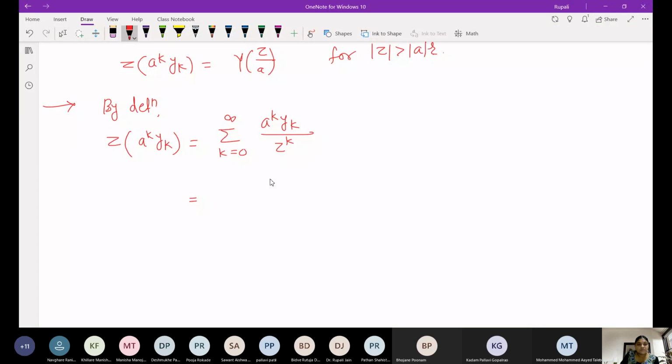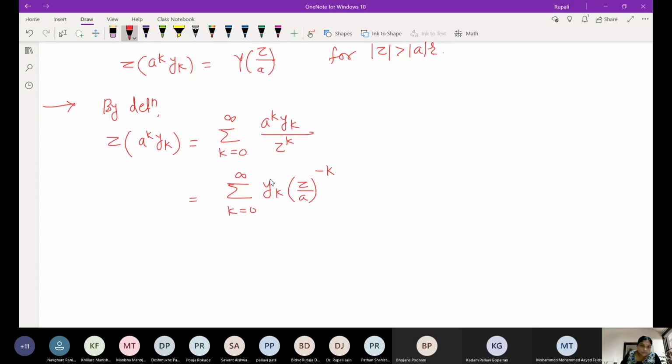Now this I can write as summation k equal to 0 to infinity yk times z by a raised to minus k. Is it right? Yes, ma'am.